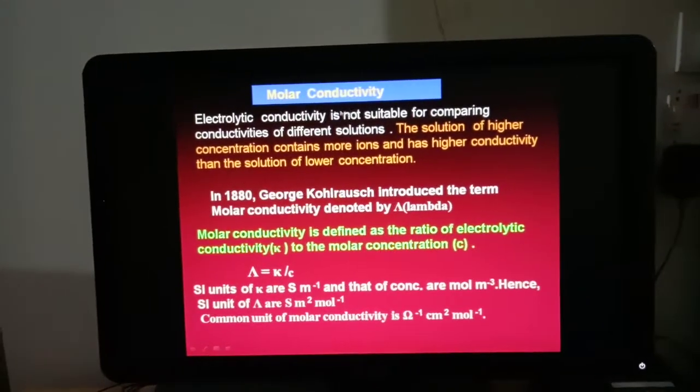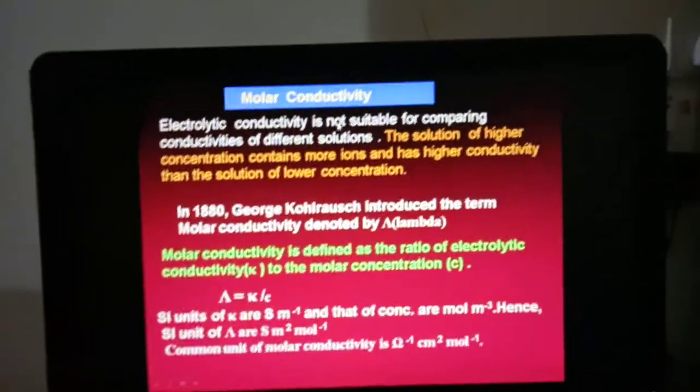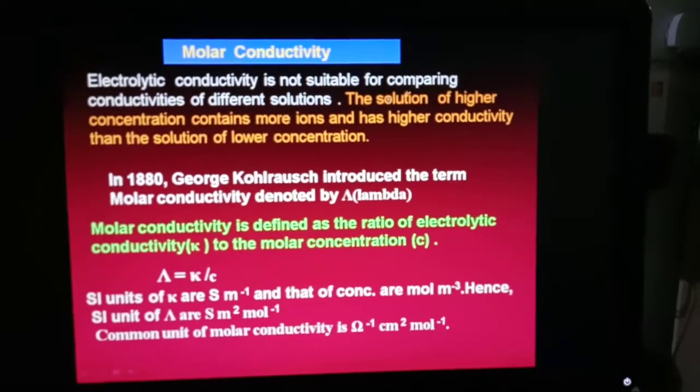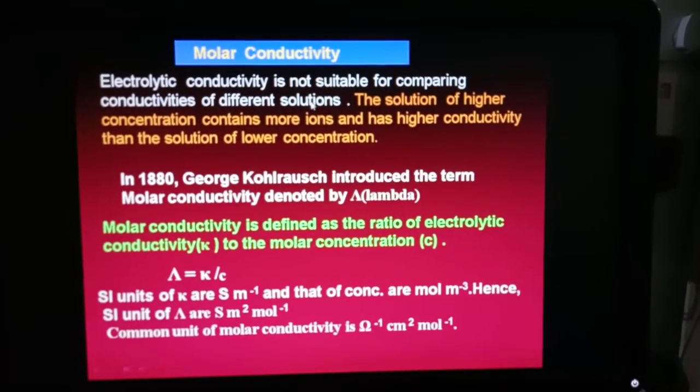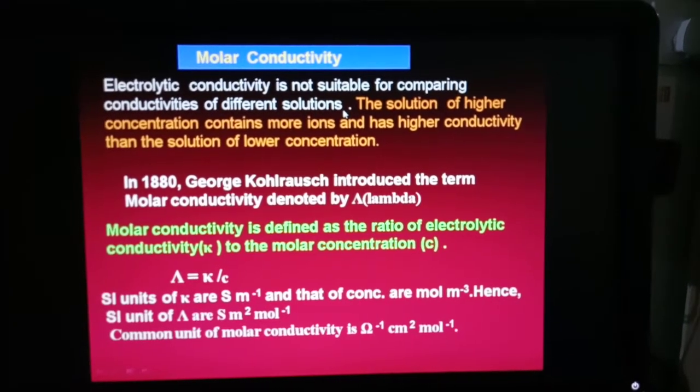Now let us study another important term, which is molar conductivity. First we should know what is the need of molar conductivity. Electrolytic conductivity is not suitable for comparing conductivities of different solutions.